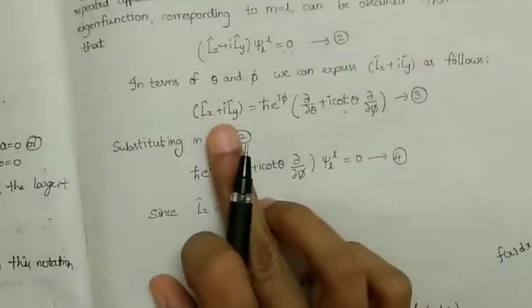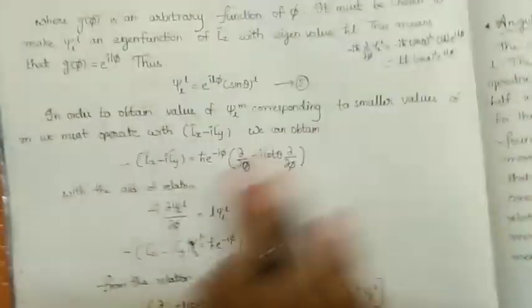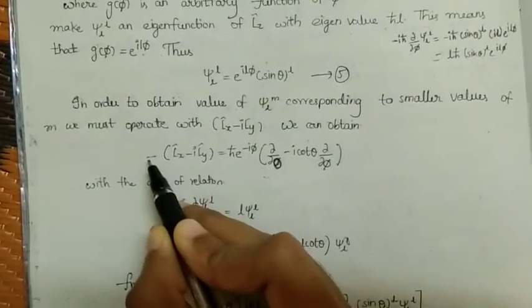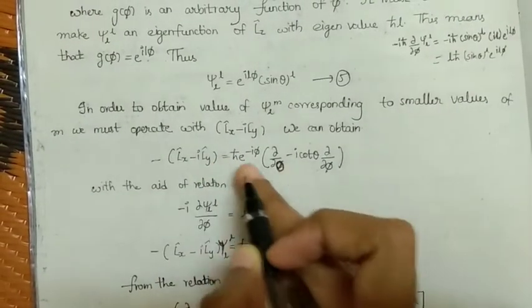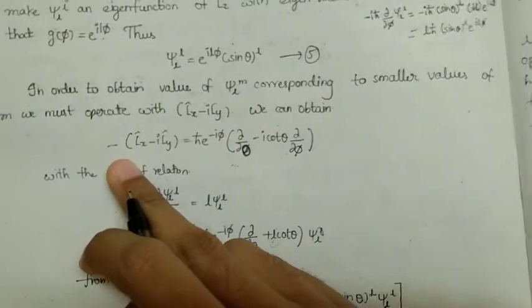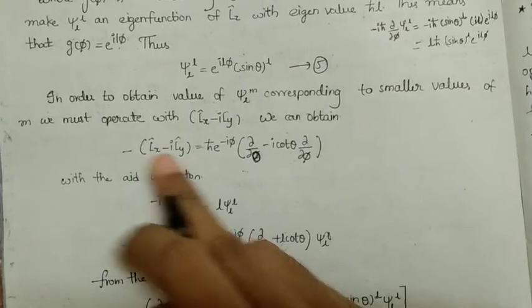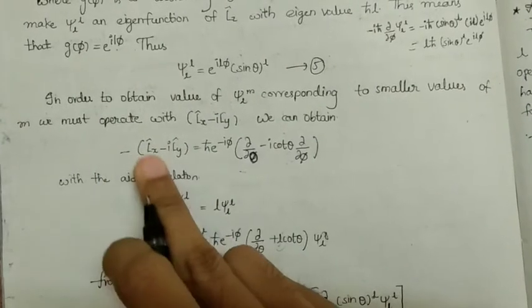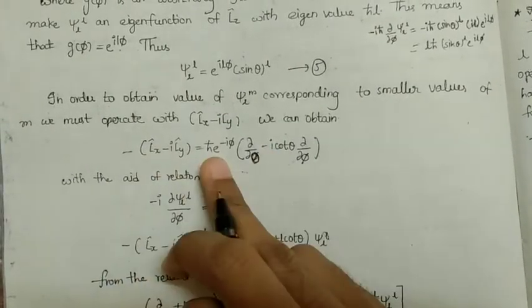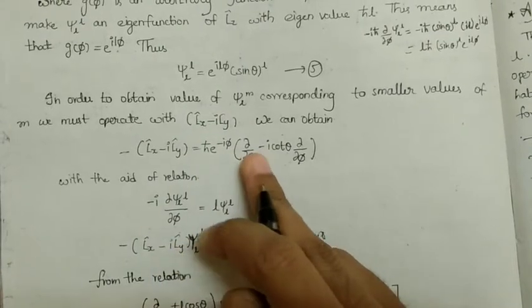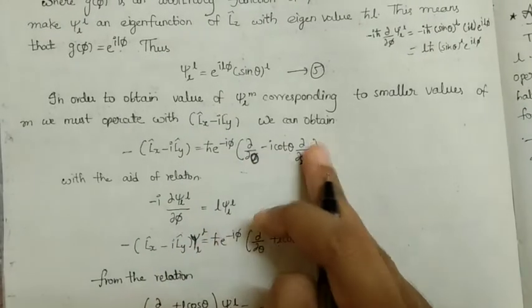We have found Lx plus i Ly using those conversions. In the same manner, doing proper calculations based on the spherical forms of Lx and Ly, Lx minus i Ly is nothing but h cut e power minus i phi times dou by dou theta minus i cot theta dou by dou phi.